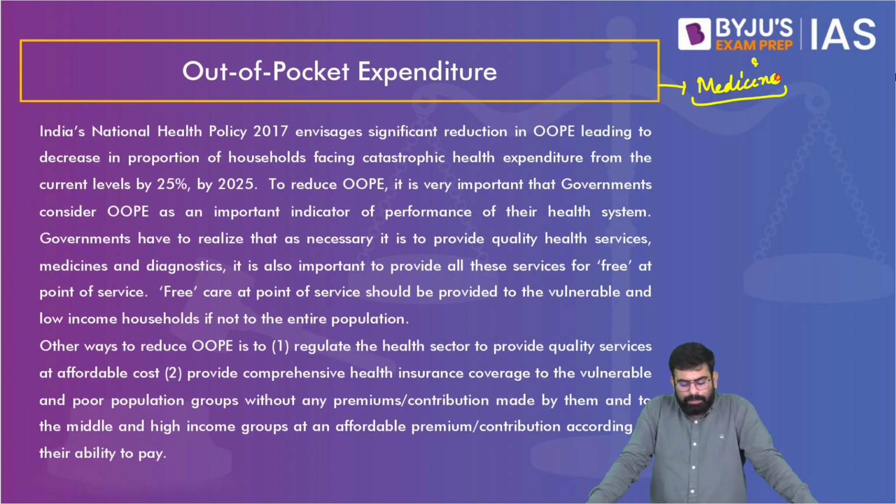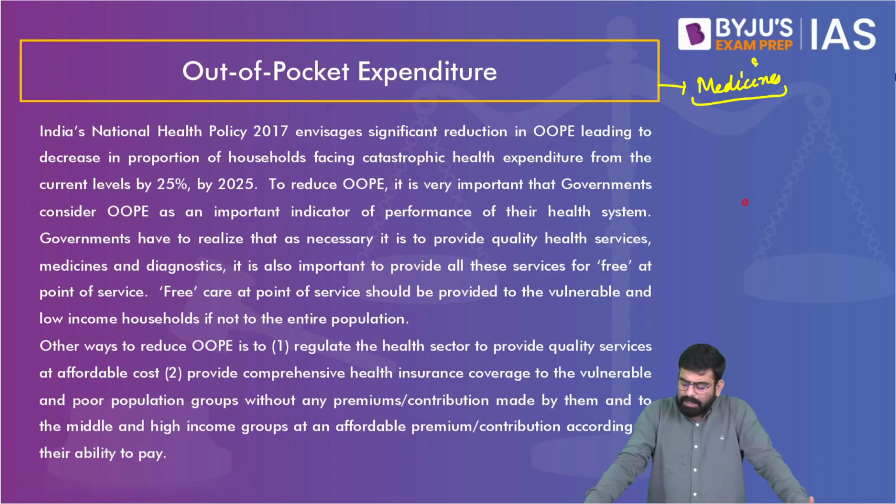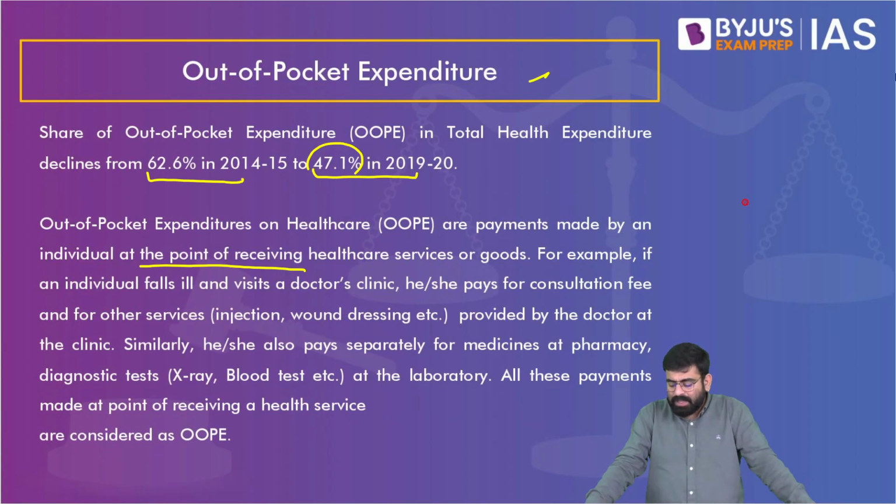So if you reduce the price of medicines by pushing generic medicines, providing compulsory licenses, etc., you can actually make a dent on this out-of-pocket expenditure. And for reducing the prices of the medicines, you already have these government shops within your Ayushman Bharat program. And yes, you can definitely keep a bar on diagnostic tests, on how much they can charge for diagnostic tests, etc.